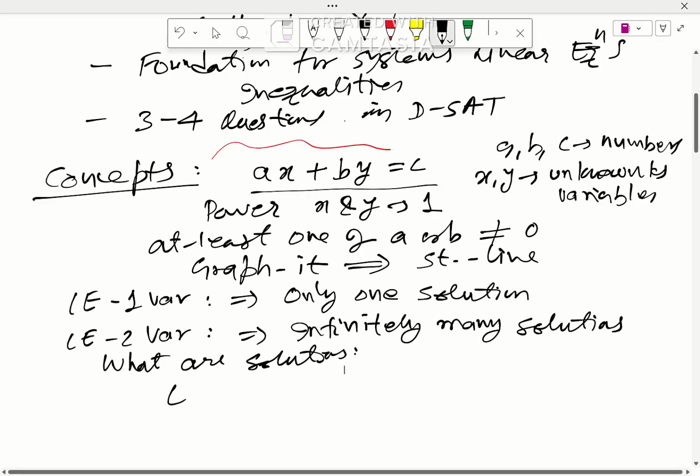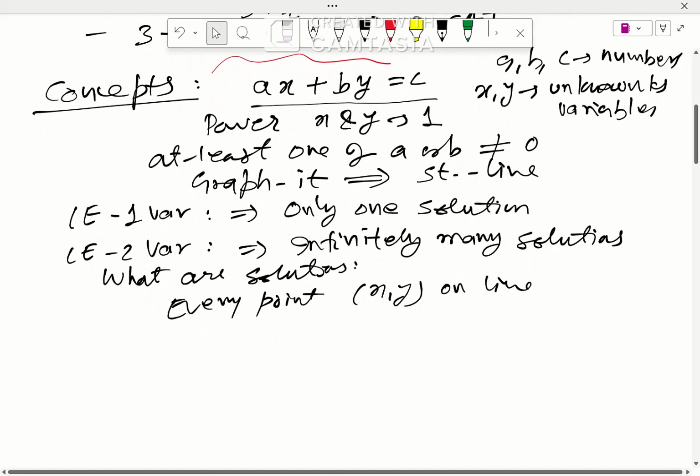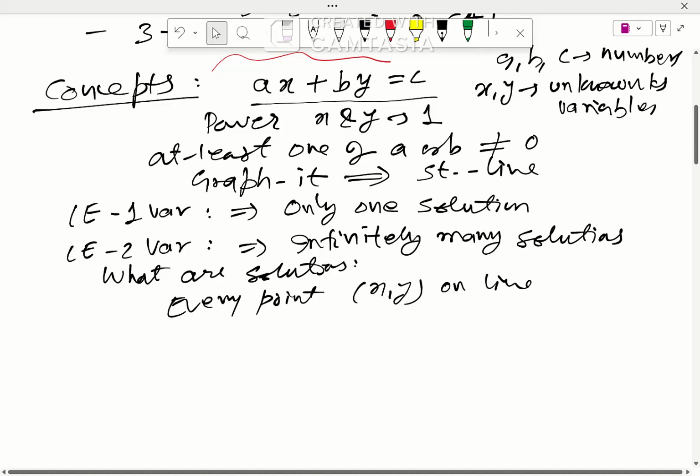Essentially, every point, let's say x comma y, on the line will satisfy the equation. Left hand side will be equal to right hand side. So all the points that you can think of on the line will be solutions. So there are infinitely many solutions for a linear equation in 2 variables.